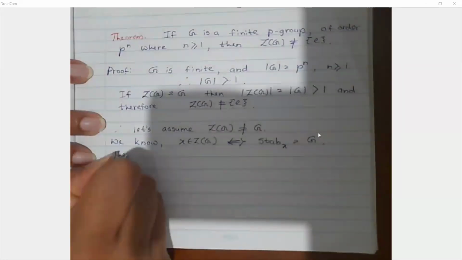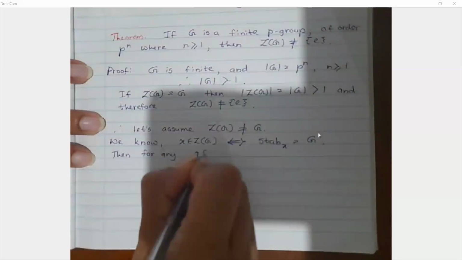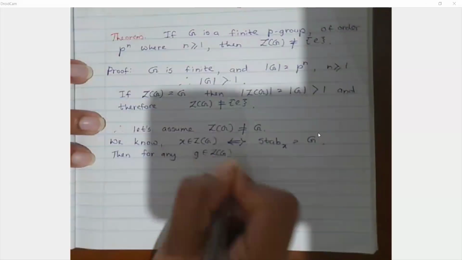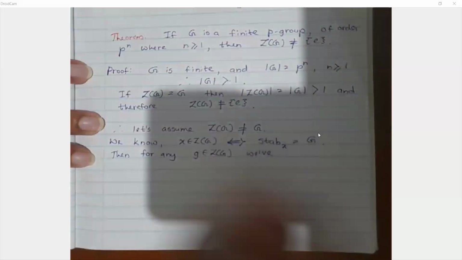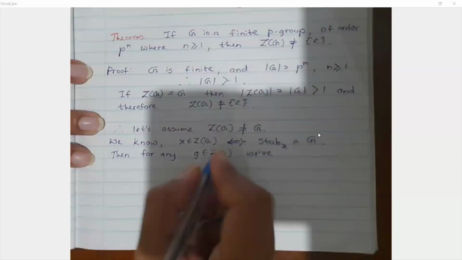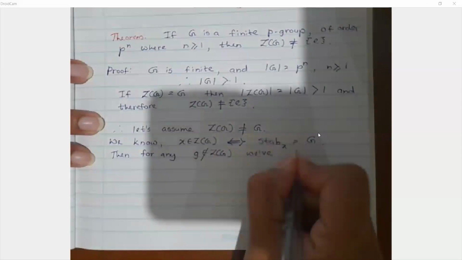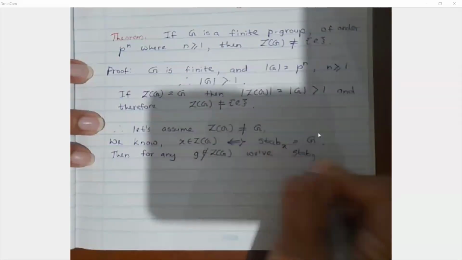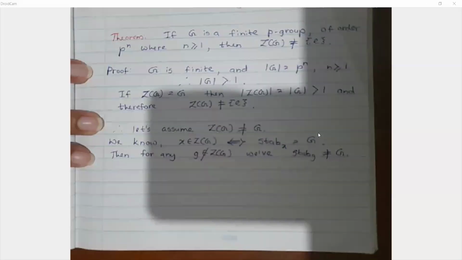Then for any element g that you take outside of the center of G, we have the corresponding stabilizer of g not equal to G. This is because what you have above is an if and only if statement.